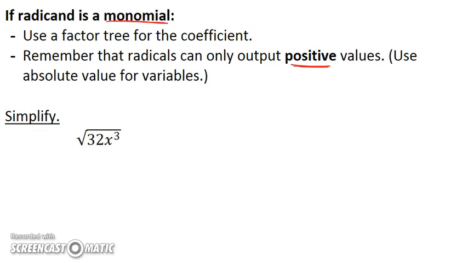If I work with the square root of 32x cubed, I'm still going to make a factor tree for my coefficient, my 32. We actually did this in the previous video, but I'll break this one down a different way. I'll go 16 and 2. I'll call 16, 8 and 2.